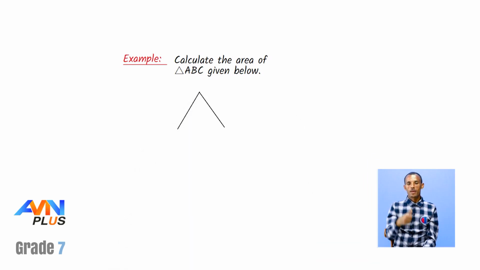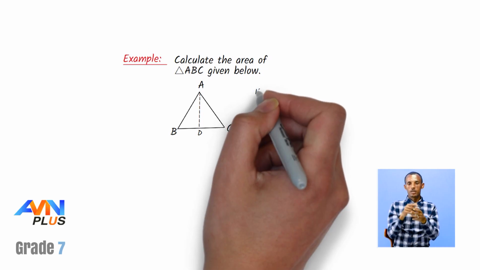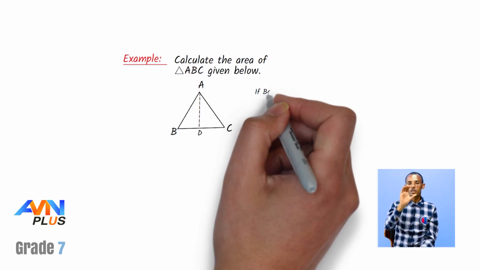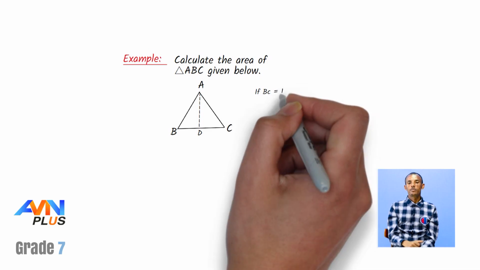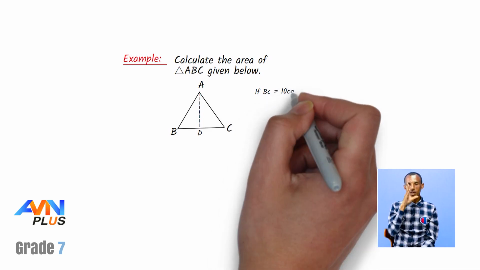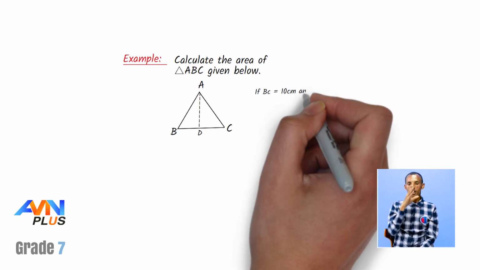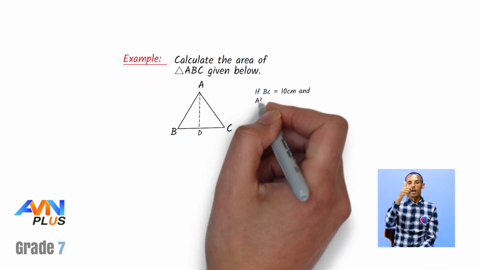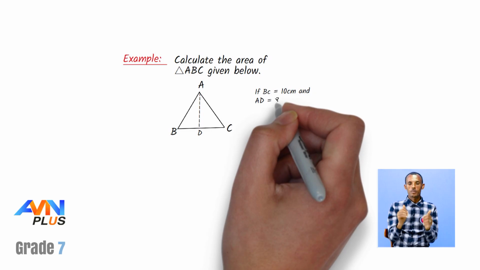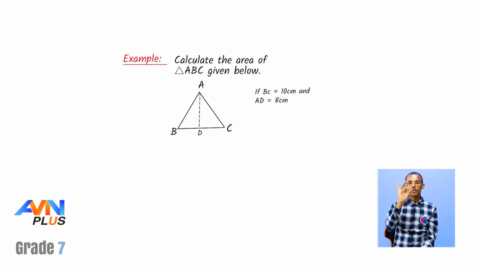This one is A, B, C, and this distance let's assume to be AD. Calculate the area of triangle ABC if the length of BC is equal to 10 centimeter and the length of AD is equal to 8 centimeter.